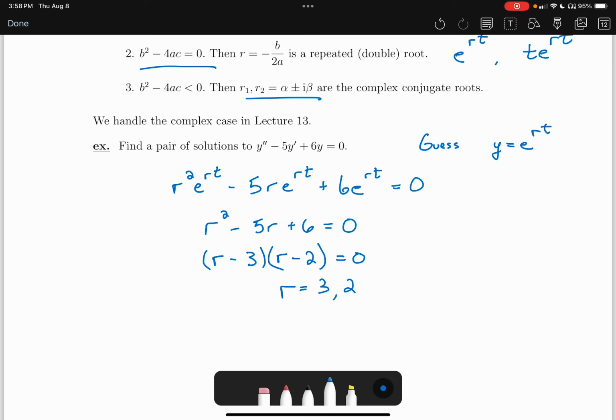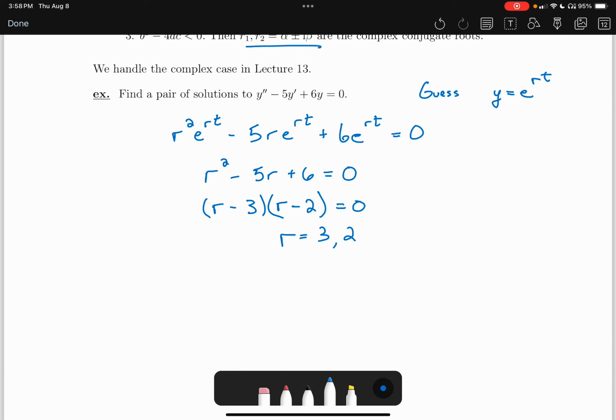So what is the general solution going to look like? It's going to look like a linear combination of these two possible solutions. So any solution could look like constant 1 e to the 3t plus constant 2 e to the 2t.